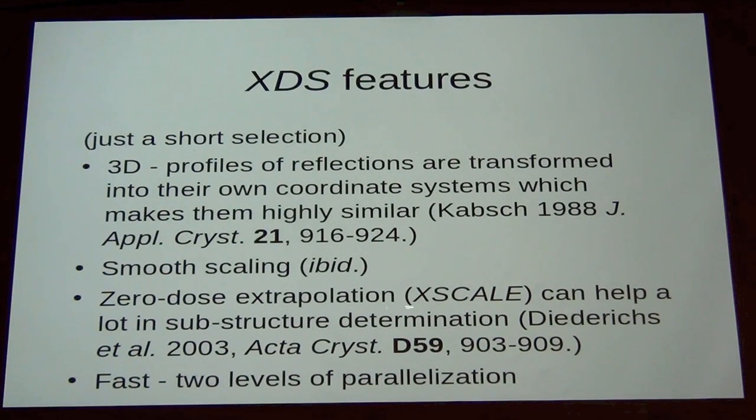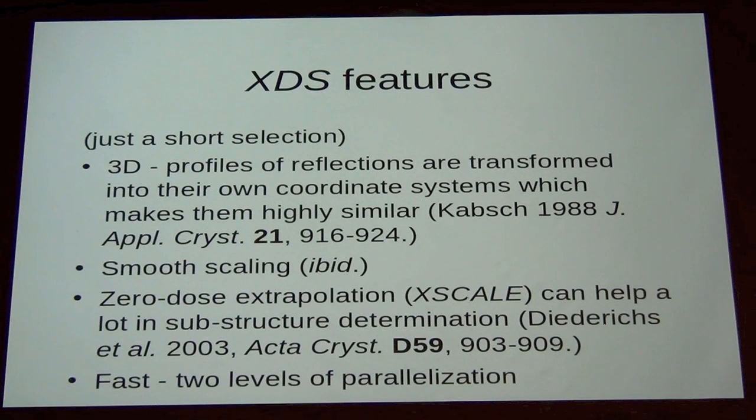Zero-dose extrapolation has already been explained to some extent, and is available in XSCALE. And it is fast, so the program uses multi-threading, so it can use all the cores in your workstation, and you can also use several workstations for one data set.